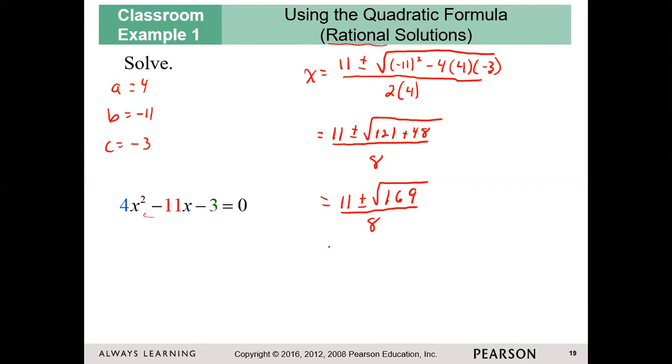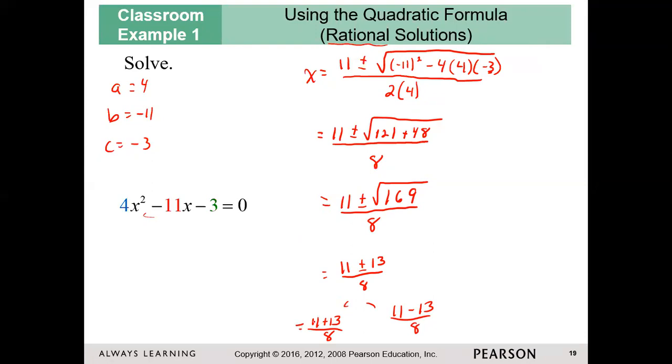And 169 is a perfect square, which is no shock to me since I was expecting to get rational solutions anyway. So this is going to be 11 plus or minus 13 over 8. And now we split it up. So this is going to be 11 plus 13 over 8, and this is going to be 11 minus 13 over 8. And we'll figure out what our answers are.